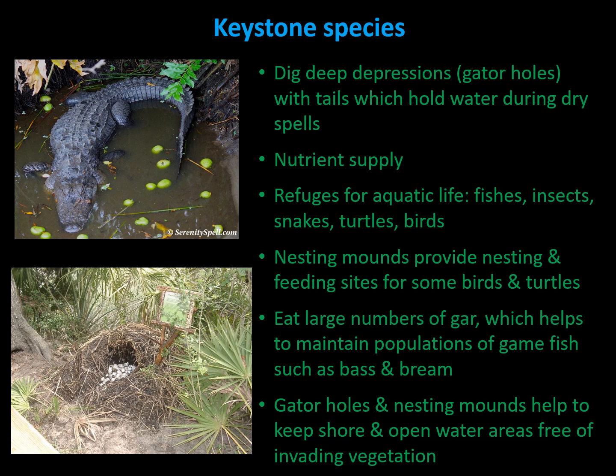So that's actually a keystone species providing benefits for humans. And gator holes and nesting mounds help. I mean, they're very tall, huge, ginormous structures. So these structures help keep wetland environments free of invasive species and invading vegetation. So that's a number of roles performed by a single keystone species in the wetland environment.